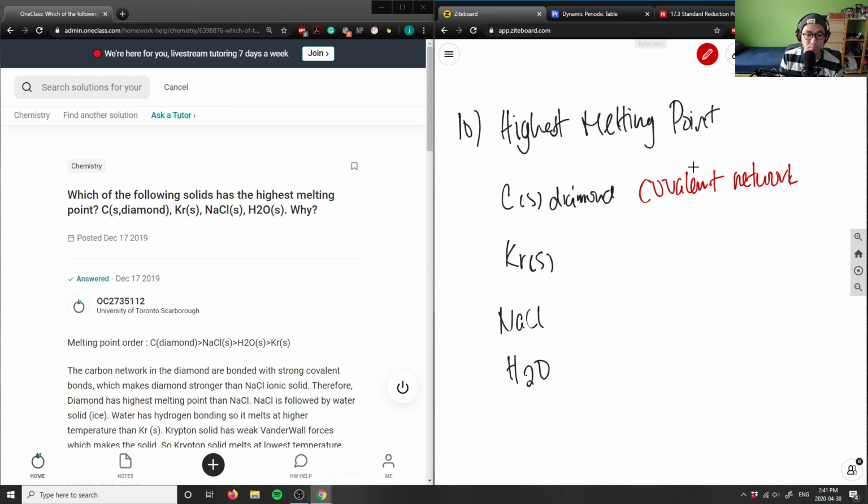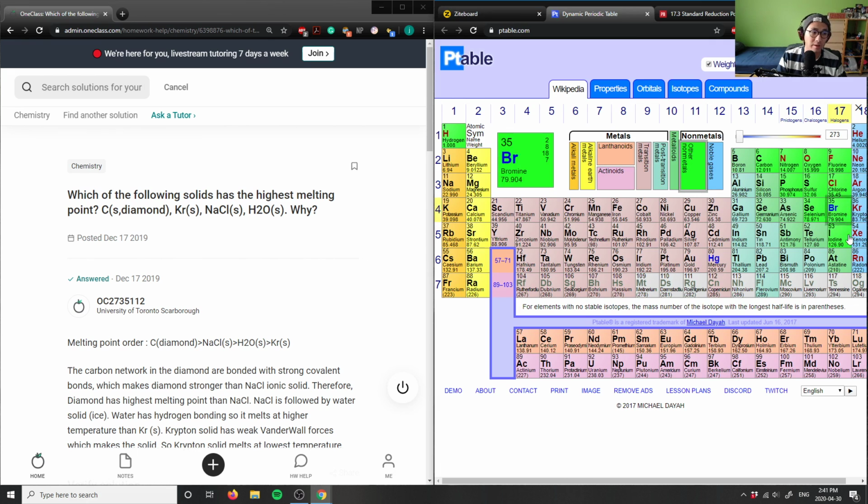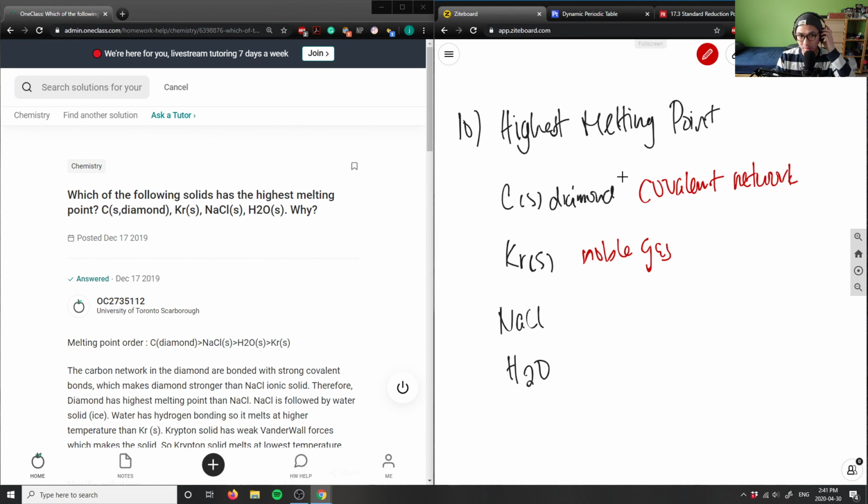Krypton here is a noble gas, right? So krypton exists as a noble gas. If you look at the periodic table, krypton exists in group 18 here. It's a stable compound, but krypton's solid here makes a big difference because krypton, again, noble, is usually in a gas form.